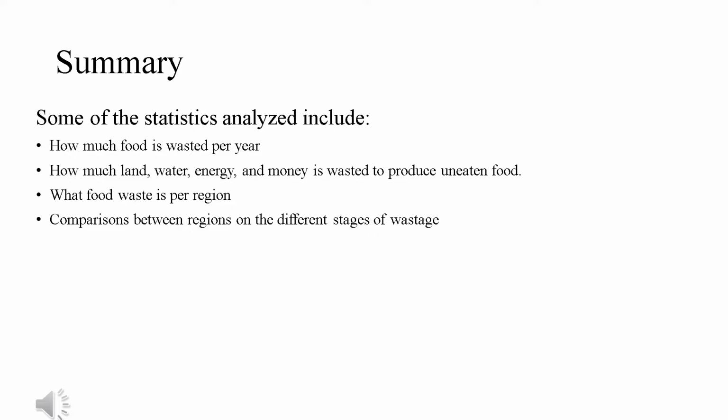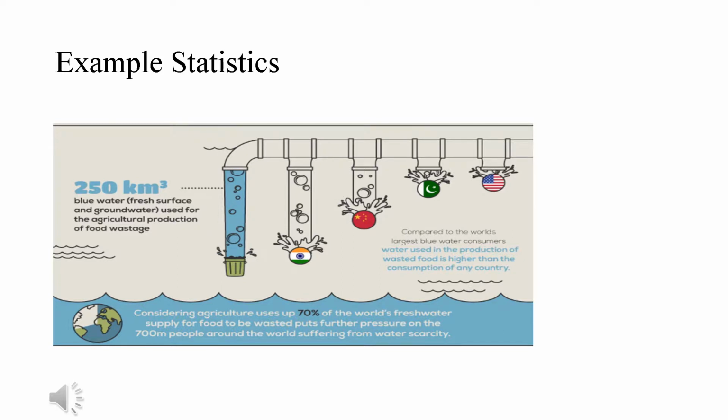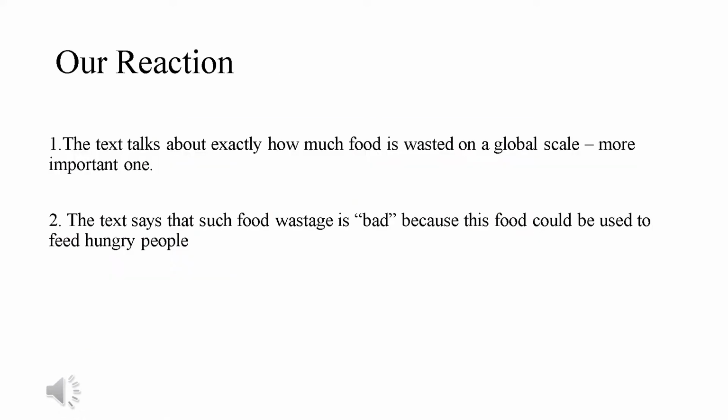As you can see from the PowerPoint, the text gives statistics on food wastage. Here is an example statistic from the article. When you think about how much food is wasted, it is really amazing, but not in a good way. Looking at this text, we realized there were two issues here.